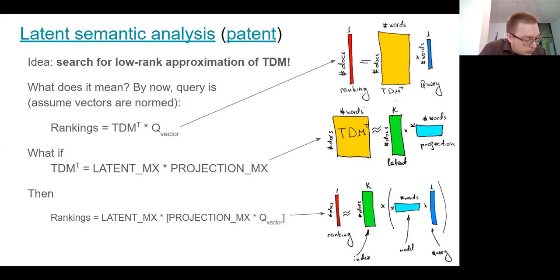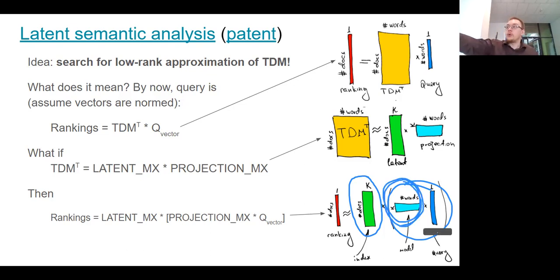If we store the documents in latent space representation in the index, somewhere on the hard drive, then before running the query in the index, we will multiply this query by the projection matrix, the second low rank matrix. This is a pretty small matrix, k by number of words, and we multiply it by the query vector.